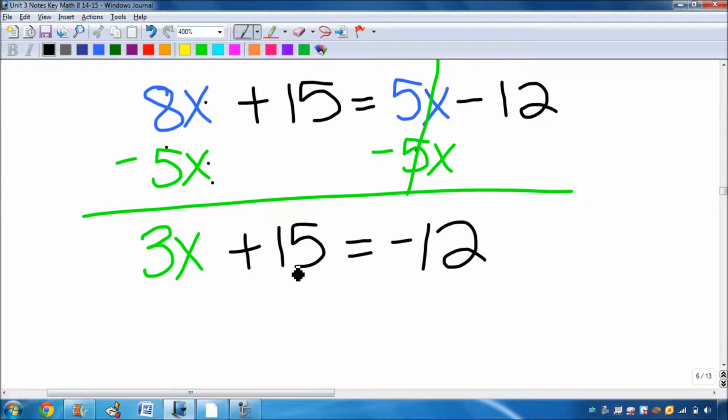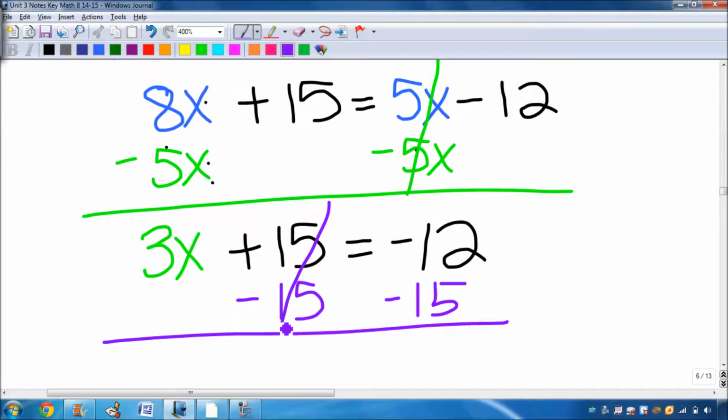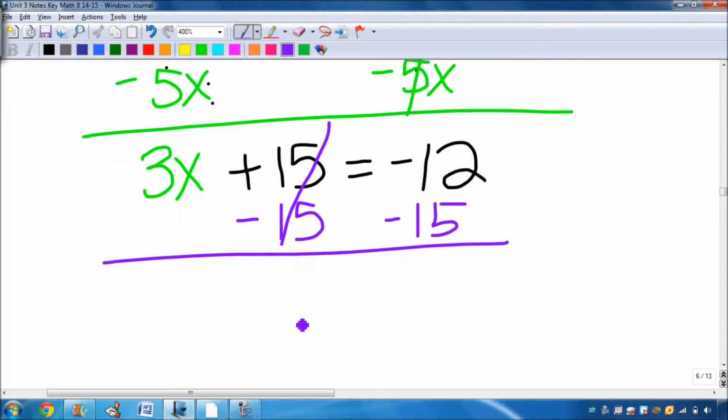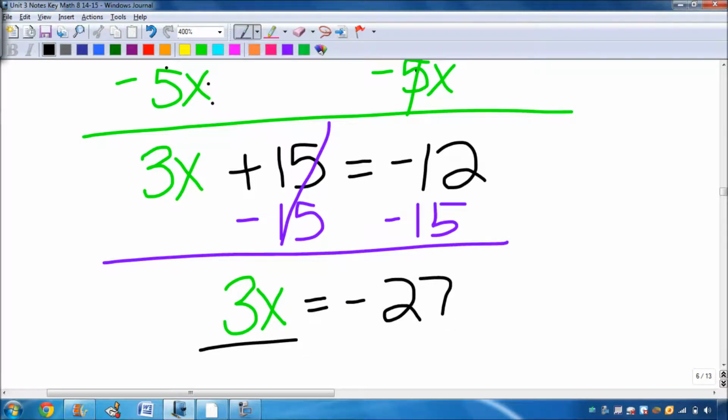So I'm going to move this 15 to this other side right here, and in order to be able to do that, I just am going to subtract 15 from both sides. Now I'm going to combine or simplify the right side of my equation. So I end up getting 3x equals negative 27. Now all I have to do is divide both sides by 3.